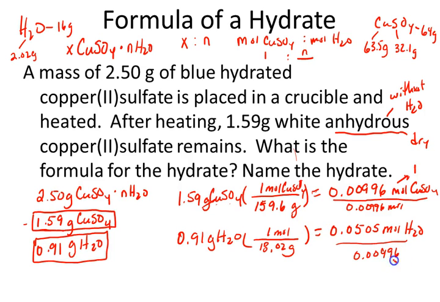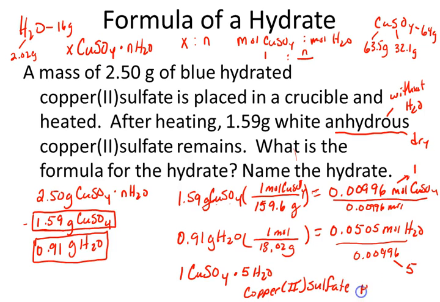This is 5. So we end up with 1 CuSO4 dot 5 H2O, which is copper 2 sulfate pentahydrate.